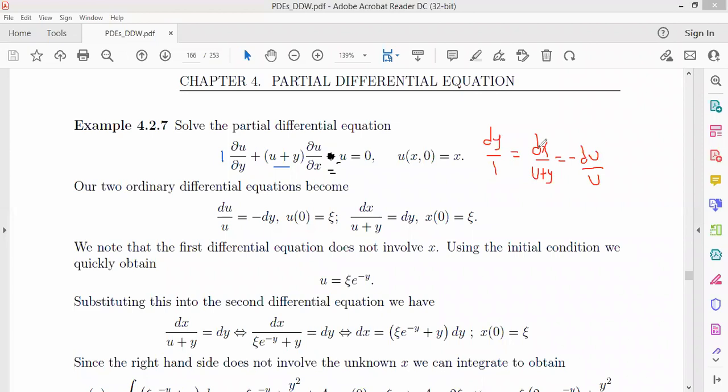But this time we have a dx which is over u plus y. And now there we have to be a little bit careful. Okay, so how are we selecting these? I hope you guys are following. I will guess that the silence is a sign that you are really following. Okay. So what do we have?